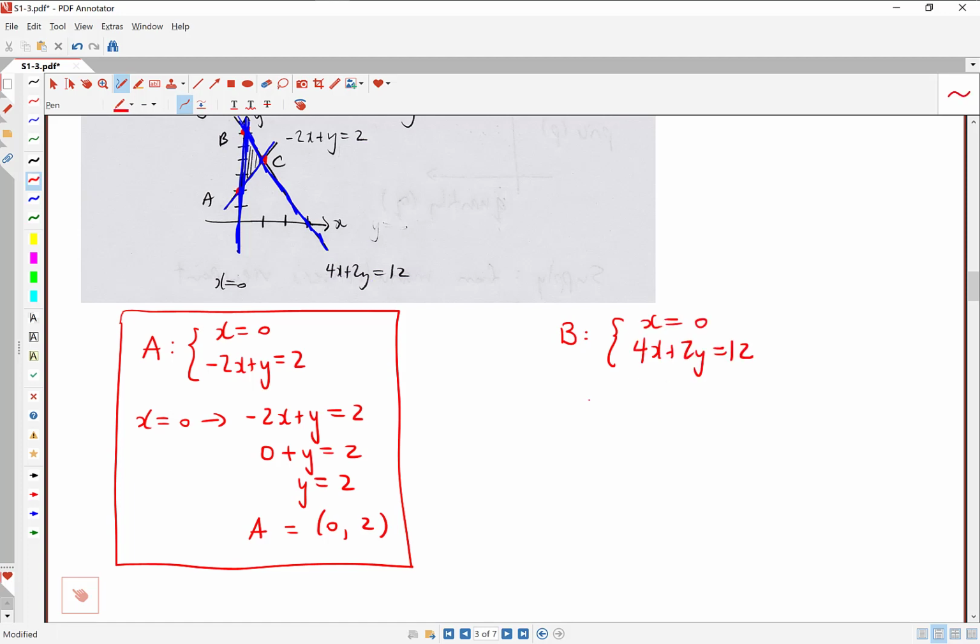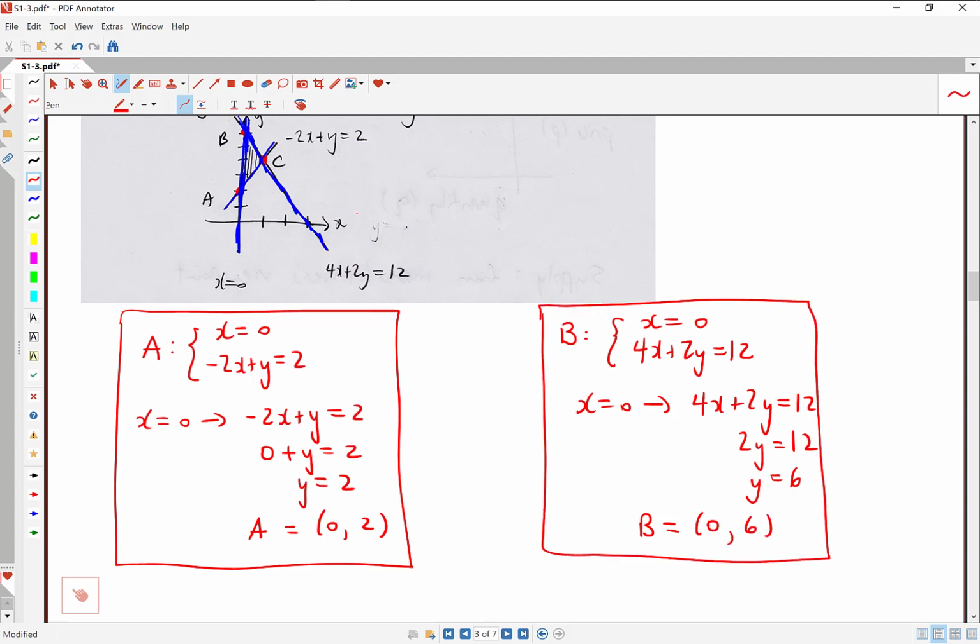Doing the same kind of reasoning, we take our known x value, which is 0, and sub it into our other equation, 4x plus 2y equals 12. That tells us that 0 plus 2y equals 12. In other words, 2y is 12, so y is 6. So we can say vertex B has x value 0 and y value 6.